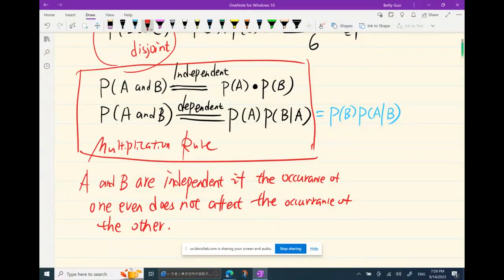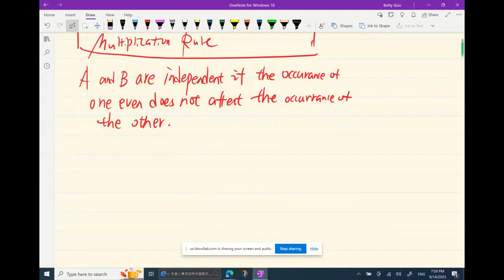They do not affect each other when it comes to the chance of occurring. Let me put it this way: A and B are independent if they do not affect each other when it comes to the chance of occurring. Example. Let's see, how do we understand? Otherwise, they are dependent.